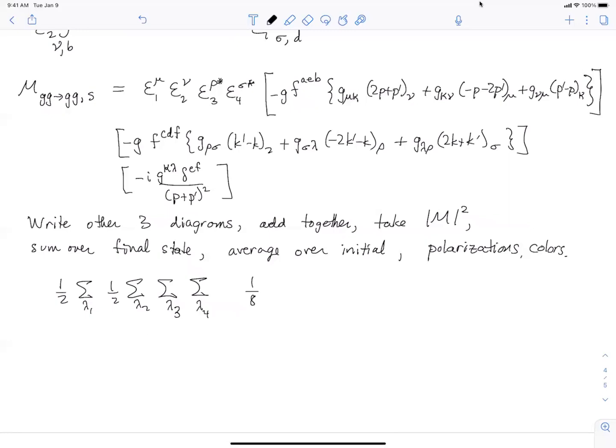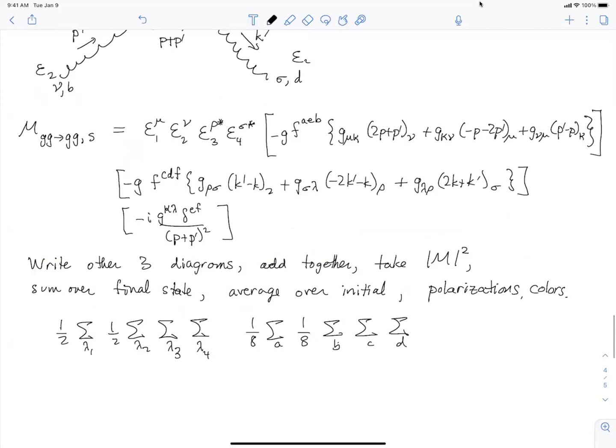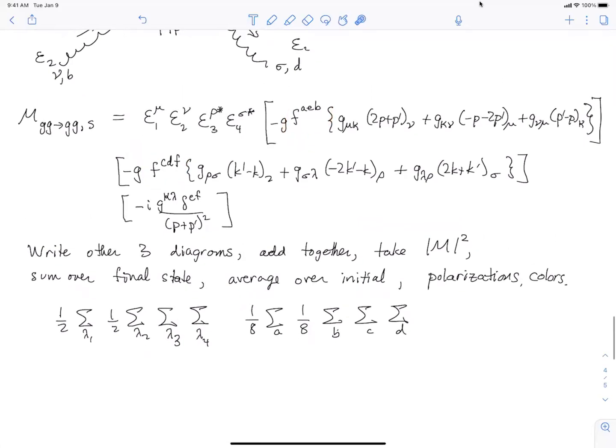When you're averaging over colors, there are 8 colors for gluons, so you have to do 1/8 times the sum over the colors of the other gluon, and then sum over the final state ones. So you got to do all those sums. There's quite a bit of group theory involved with the Fs. Okay, but that turns out to be the Casimir of the adjoint operation.